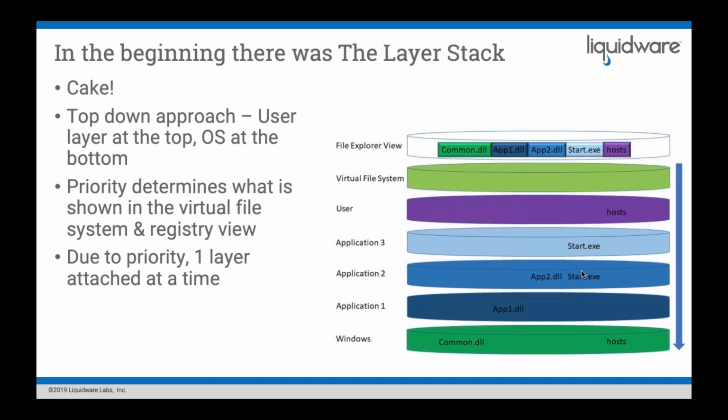So basically you have layers that can overwrite the operating system, layers that can overwrite other layers. And if you're using the user layer, which is basically capturing all of the writes from the user and the machine, that overwrites everything.